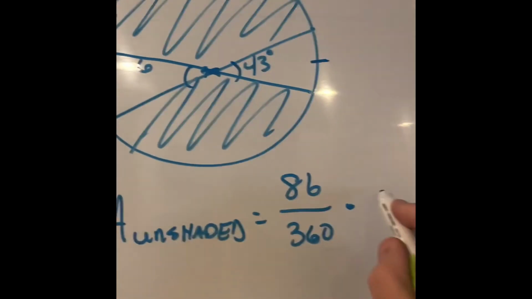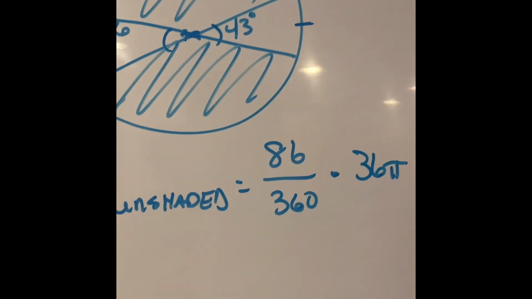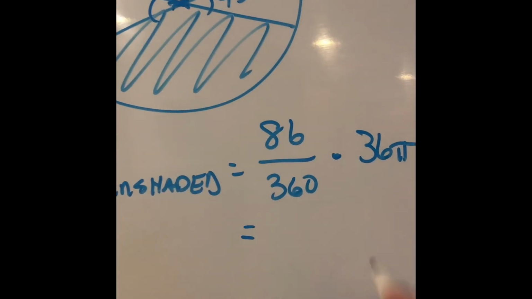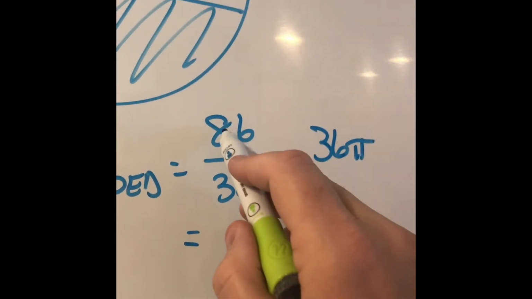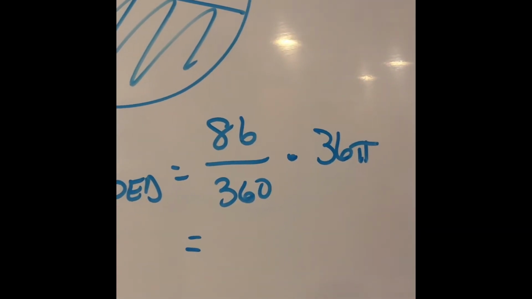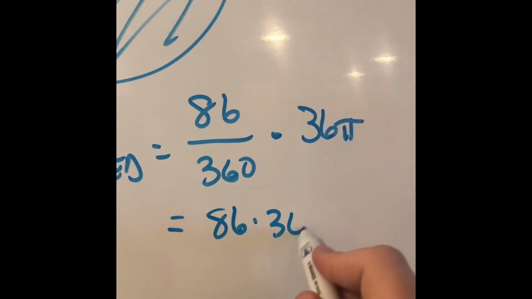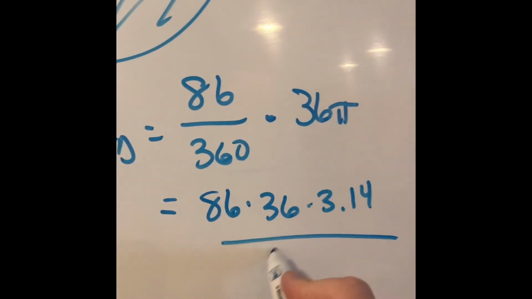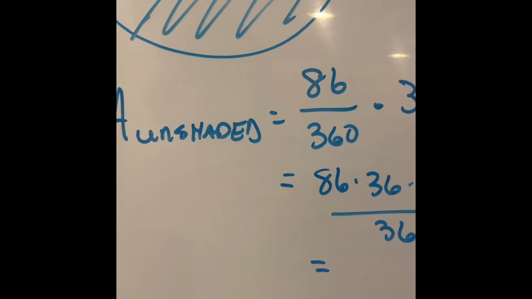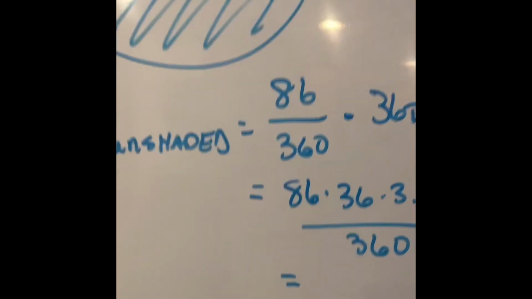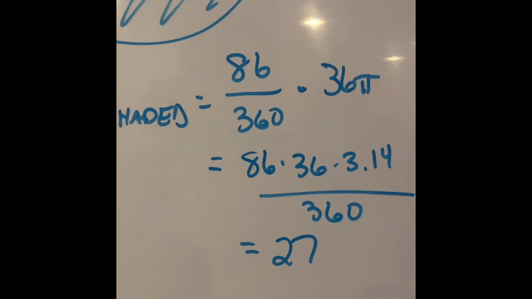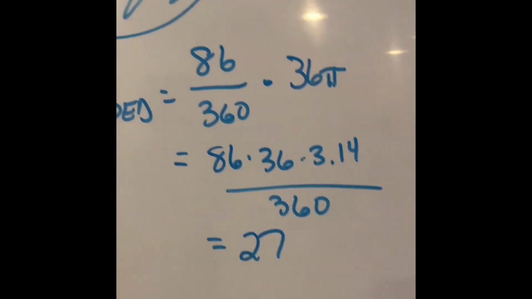Since my radius is 6, that's 36 pi. Okay, so the unshaded is going to have an area of, whenever you just multiply these, you can just go 86 times 36 times 3.14 on your calculator, and then divide all of that by 360, okay? And that's going to give you the unshaded area of right around 27. It's 27 point 0-0 something, so just 27 is fine.